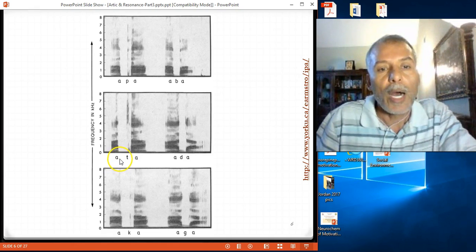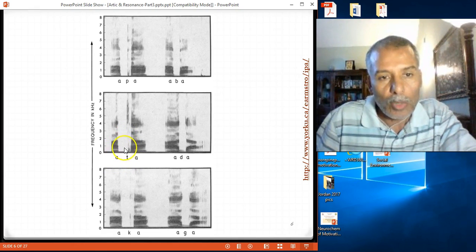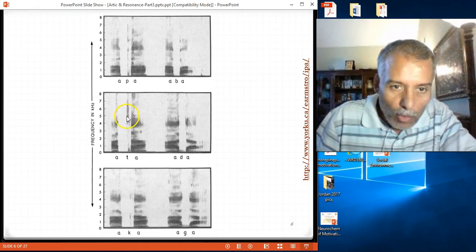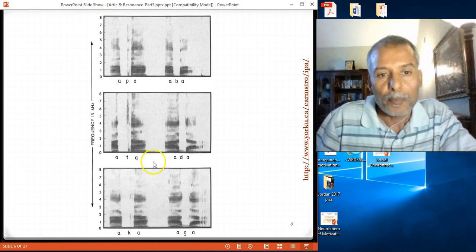When you say ta, you can see how the t lasts longer because you close your airway longer. This little narrow band here is the release, the aspiration, the air puff that comes out after you say the ta.